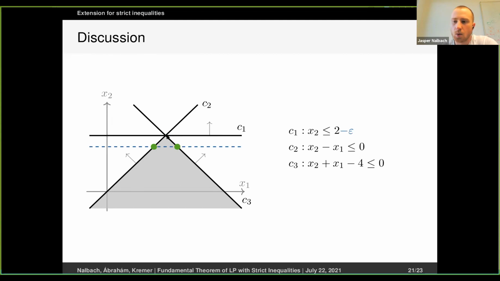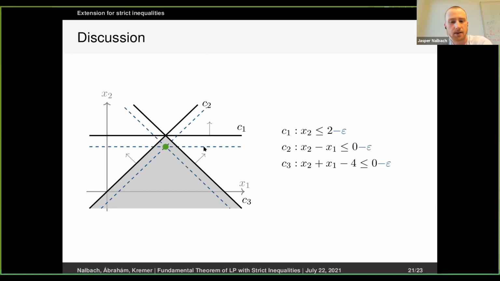And by making one of those constraints strict, we see that in the transformed system, with the special semantics for epsilon, we now get two vertices. And by making also the other constraints strict, those also can collapse to one vertex again, but this is not guaranteed.